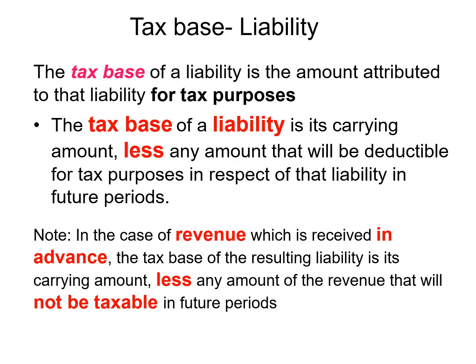So now in this scenario, because I've received it before it's accrued to me, I'm taxed on it. So therefore, if I'm going to be taxed on it, then the tax base of the resulting liability that I'm going to show as my carrying amount is its carrying amount, less any amount of revenue that will not be taxable in future periods.